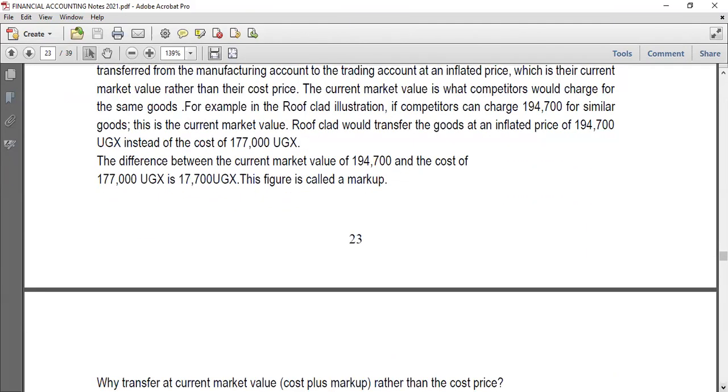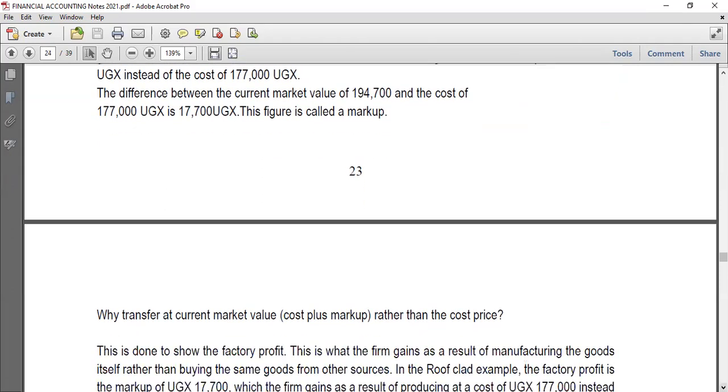That's what we are calling the unrealized profit. Profit is only realized when you've sold. So the factory profit or markup on the closing stock is unrealized at the end of the financial period, because you've not sold that inventory.